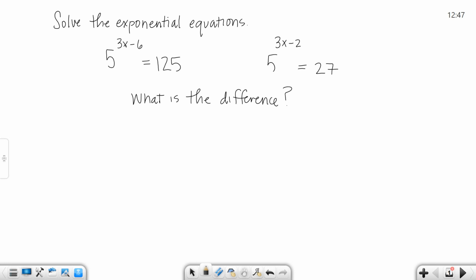Okay, in this section we are solving exponential equations, and at first I want you to see the difference between these two types. With the one on the left, 5 and 125 can be written with like bases.